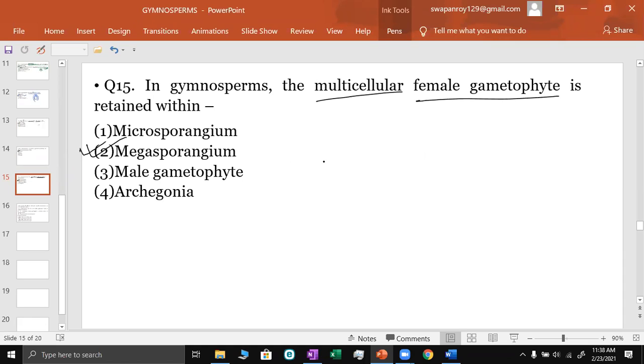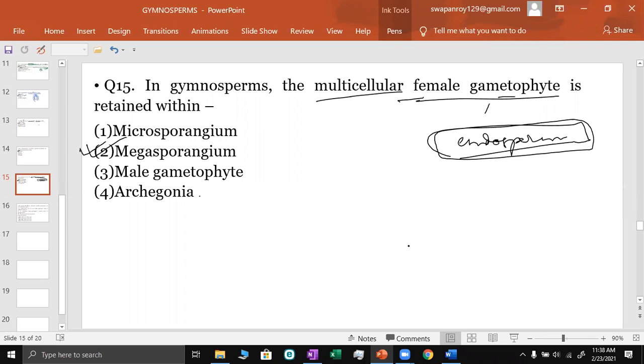It is female, so it is in the megasporangium. Archegonia develop within the female gametophyte. This female gametophyte is also known as endosperm, because it provides nutrition to the developing embryo.